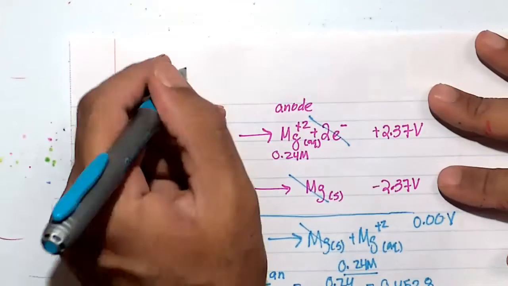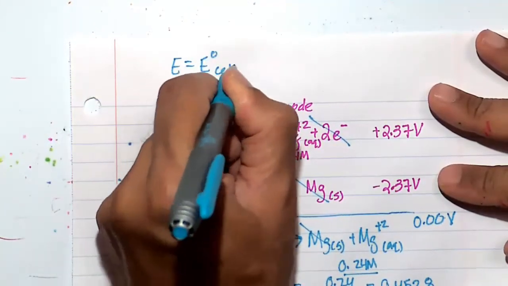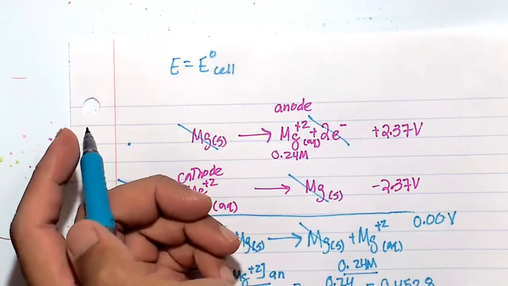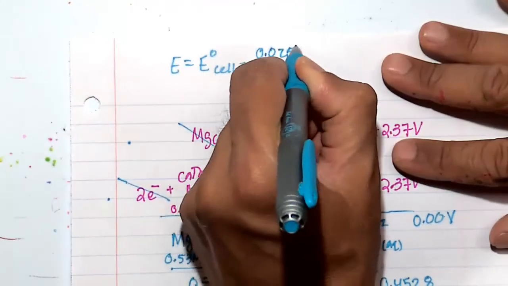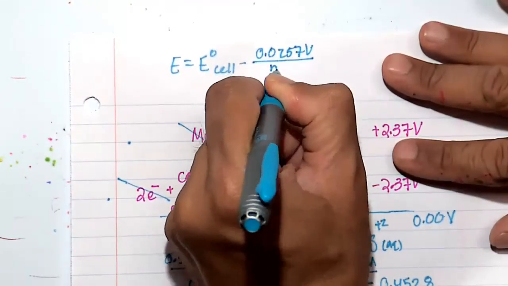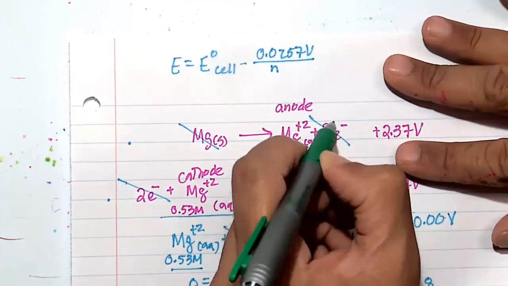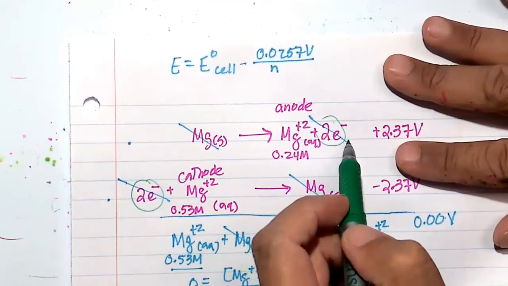And now let's use our Nernst equation. Remember, our Nernst equation is E under non-standard state conditions equals E of the cell under standard state conditions, minus 0.0257 volts over n. This is a 2-electron transfer reaction. 2 electrons are being transferred. Magnesium solid loses 2 electrons.